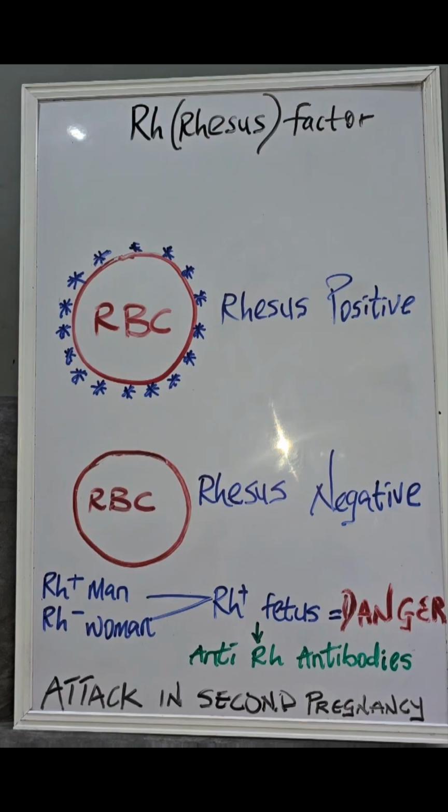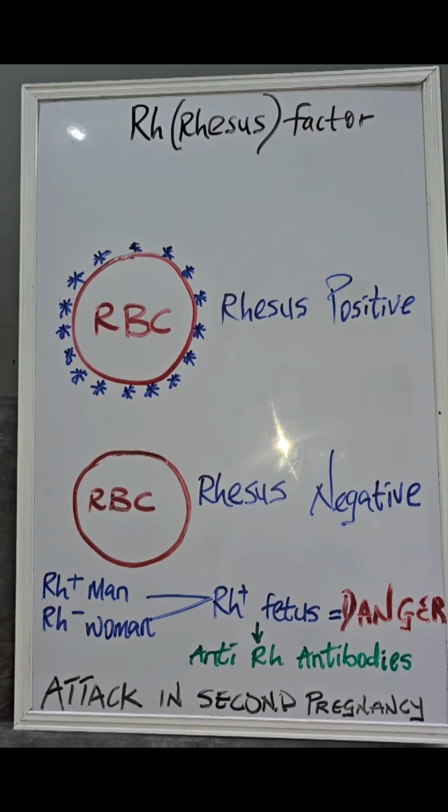When she's pregnant, the first pregnancy, through placenta circulation, the blood of this fetus escapes into maternal circulation. That's the Rhesus positive fetus red blood cell escaping through the placenta to the Rhesus negative woman. What happens?